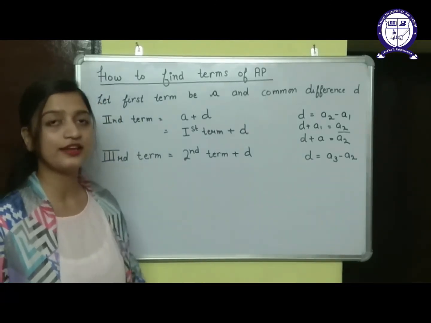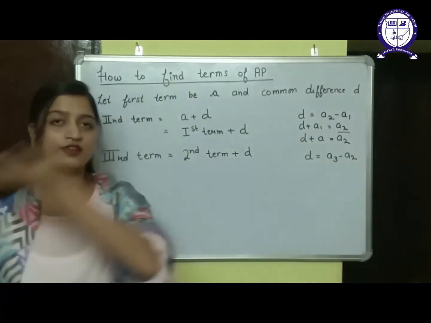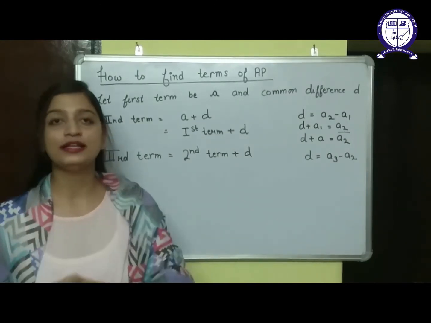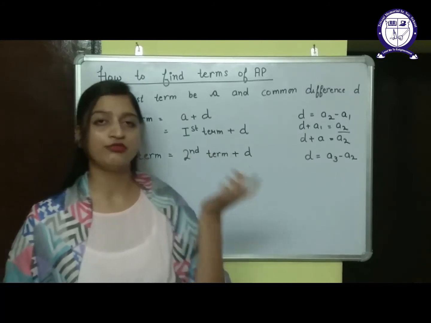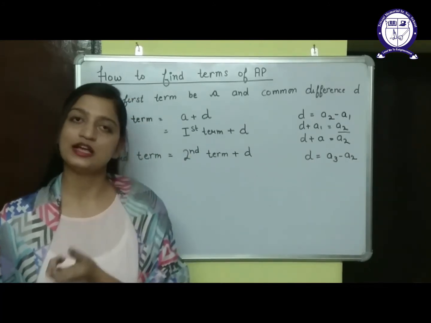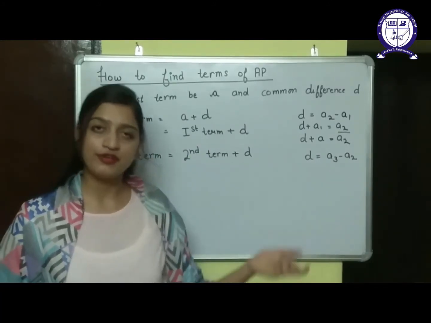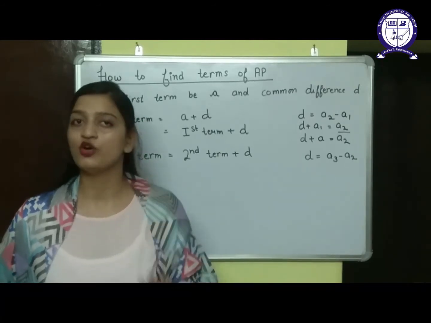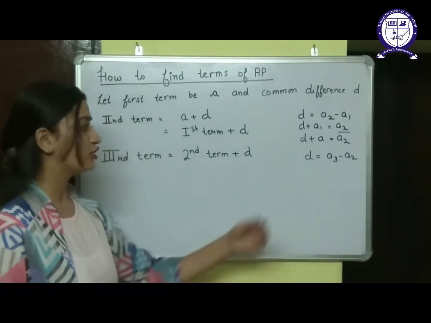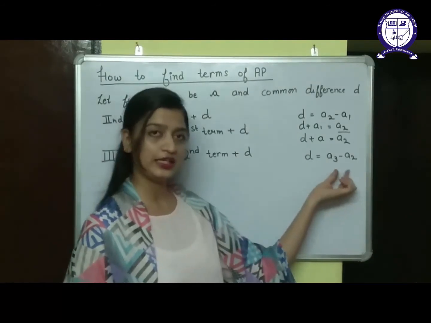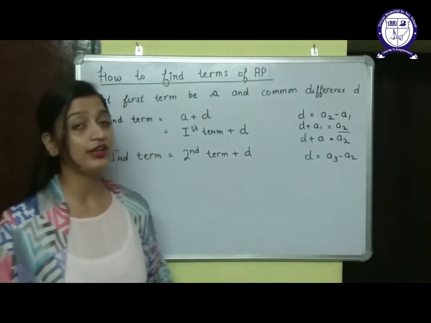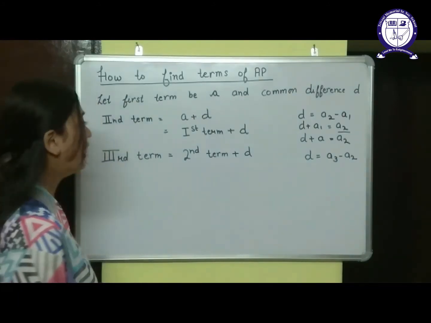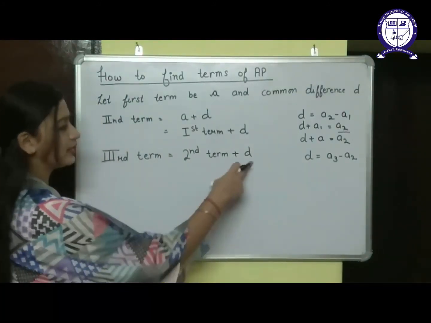I cannot take the difference between the fourth term and the first term. That is not my D. I need to take the two consecutive terms. That if I am taking fourth term, then I have to take the third term. If I am taking fifth term, then I have to take the fourth term to get my D. So similarly, D is also A3 minus A2, and I will take A2 on this side. A3 will be A2 plus D. That is second term plus D.